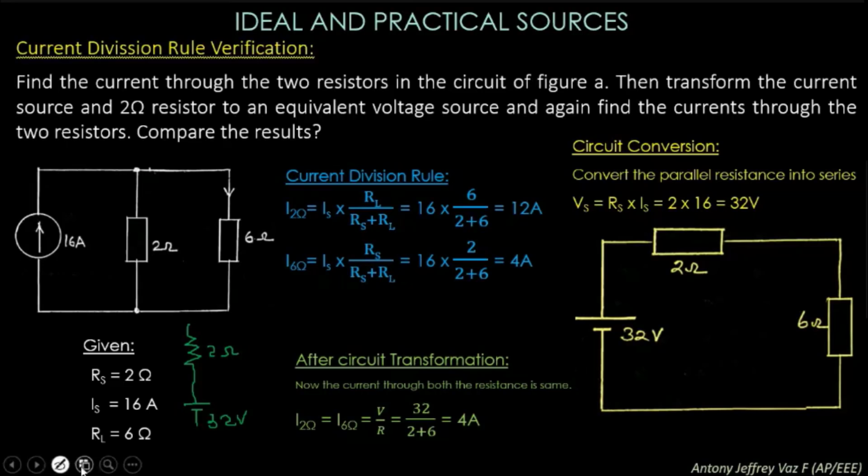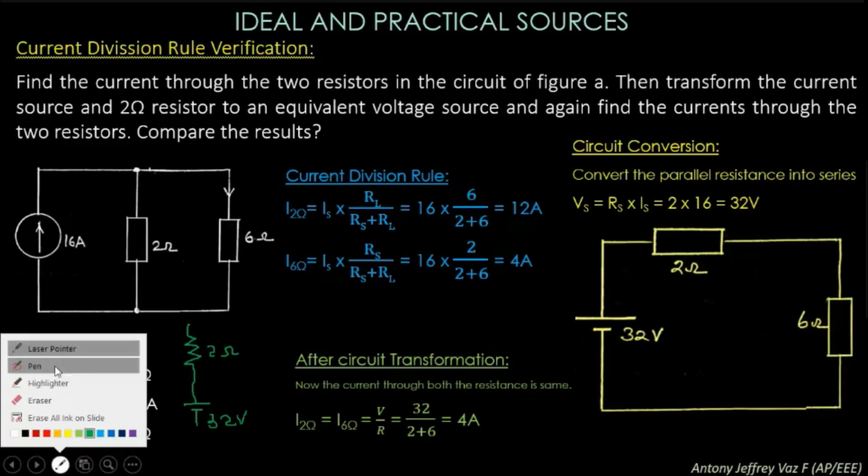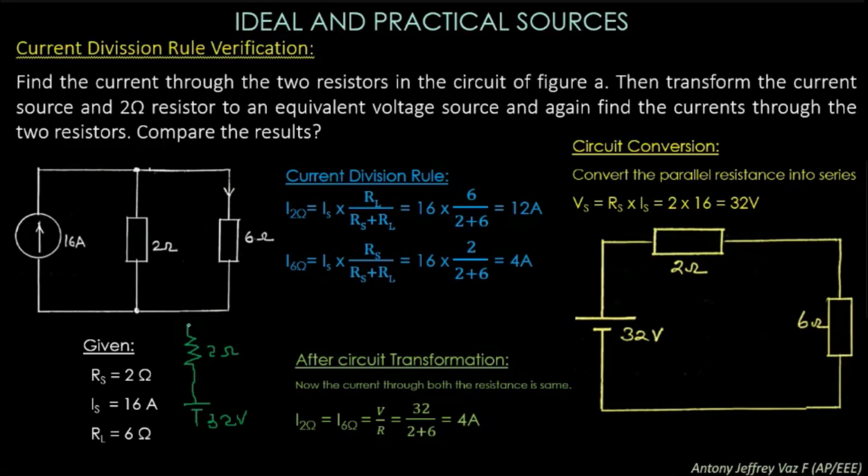Okay, next you find the load resistance, which is 6 ohms over here. So we can directly connect the 6 ohms as it is. Okay, no need to change anything. And this is the 6 ohm resistance.